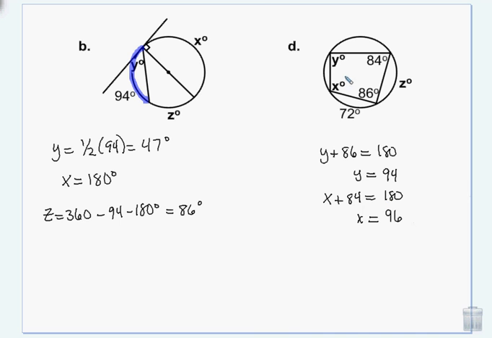So this is 96, and this is 94, and I know that Z plus 72, all of that right there is going to be 2 times 94, so 188. And I take away the 72, and I have 116, and that gives me Z.